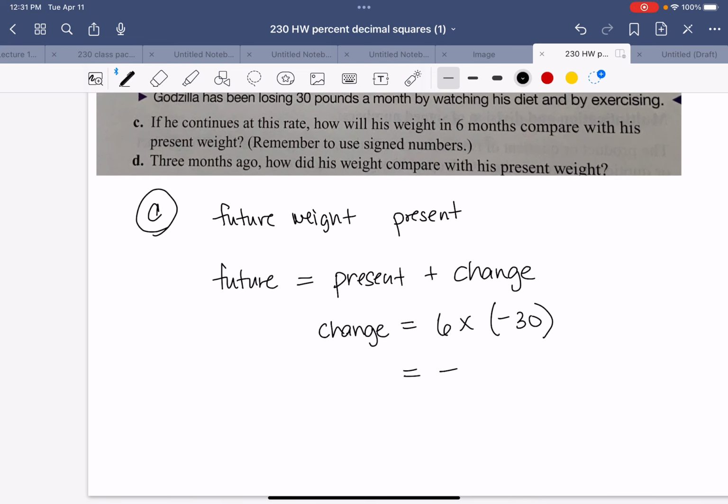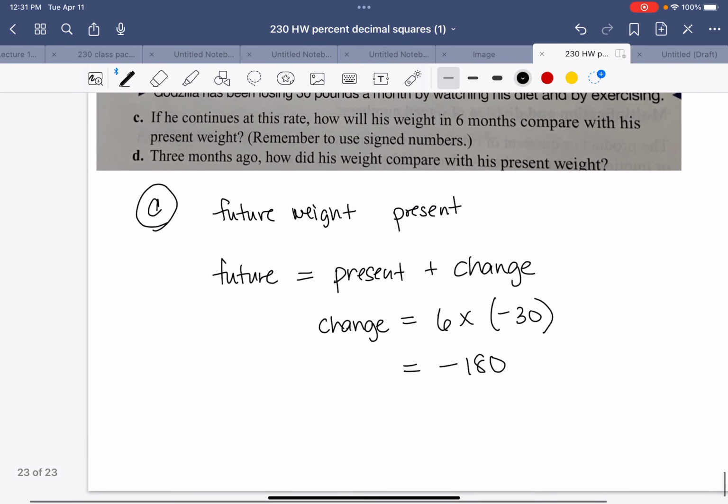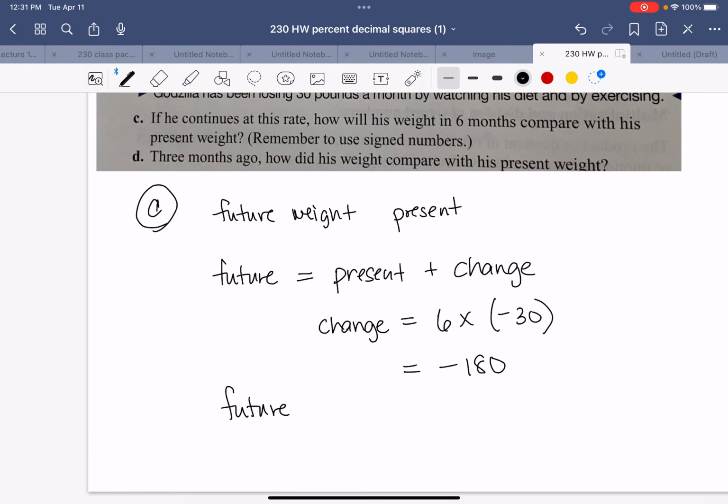So it's going to give us a negative 180. So that means that your future equals the present plus negative 180. Okay. How will his weight in 6 months, which is his future, compare to the present? So future equals, and that's what we want.